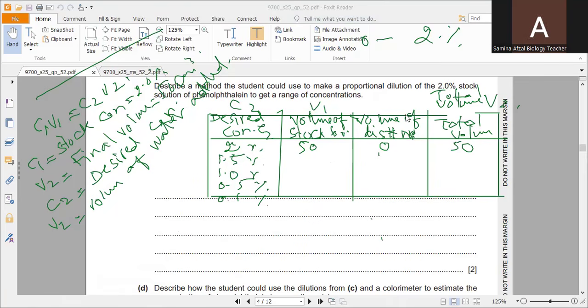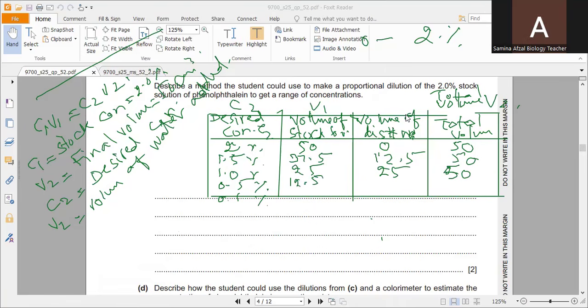And when we have 1.5, the volume of the solvent is 37.5. So it will be equal to 12.5, and both of them will make 50. And then when there is 1%, it will be 25, and 25 water will be added into it, so it will be equal to 50. And when there is 0.5% concentration, it depends on you.